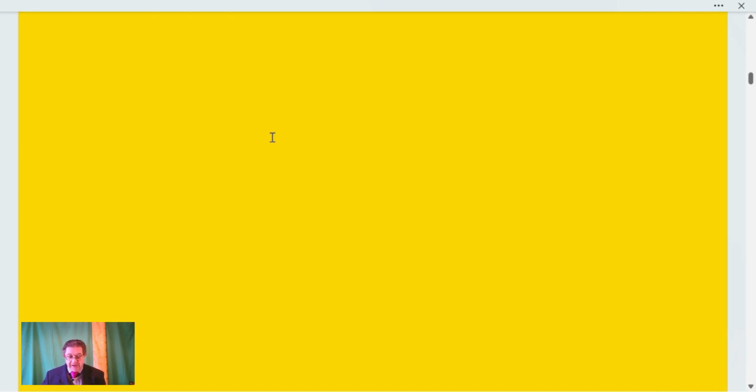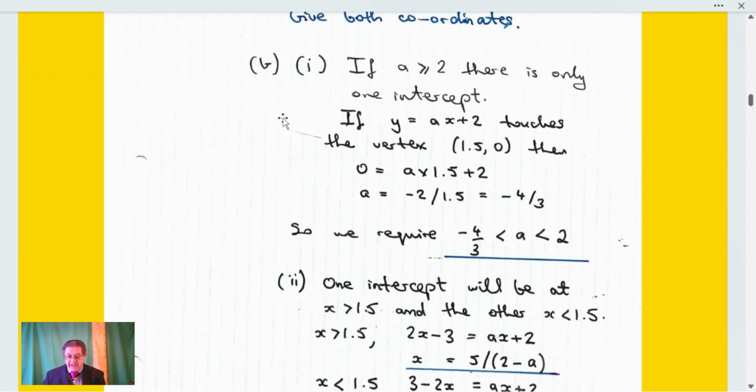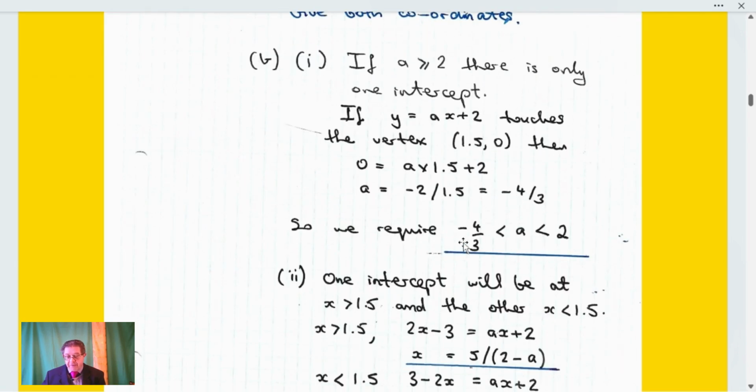So thinking graphically and visually, the final answer we want is that a will be larger than minus 4/3 and less than 2. The lesson here being think visually, think graphically, and make sure in your answer, this time we do want it in one part. It is one range of a values that we want, and we do want strict inequalities.